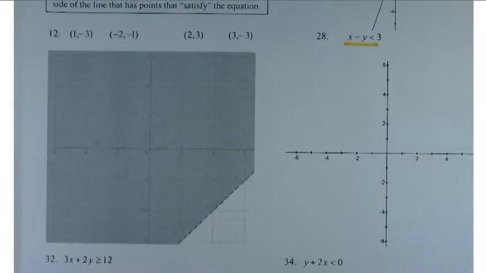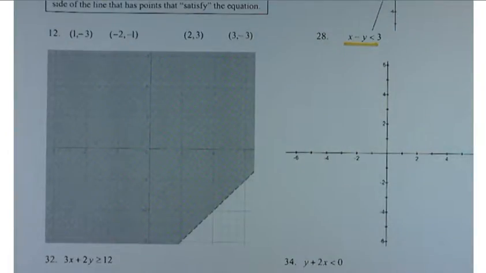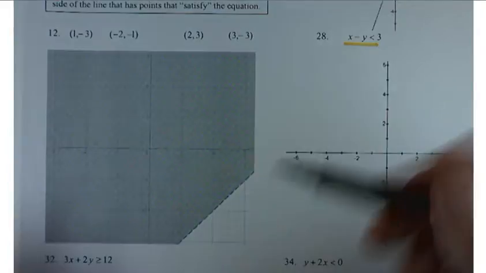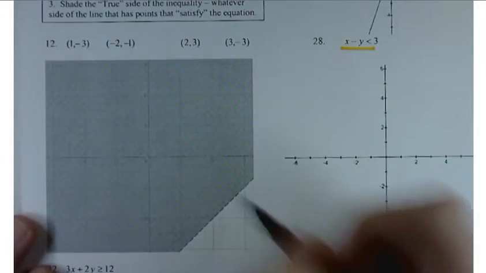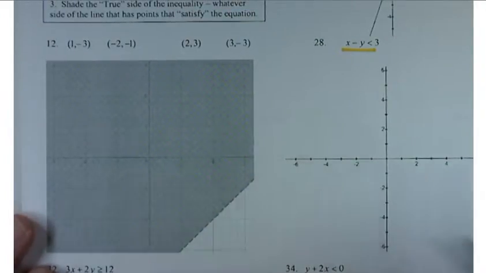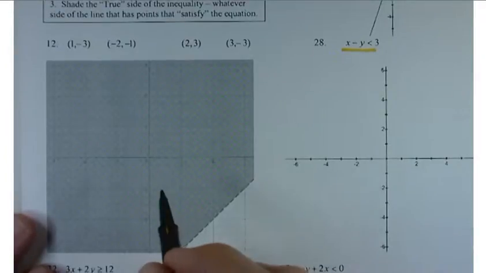To start with, to practice a little bit, let's look at problem number 12. I've got a region shaded on our graph, and what I want us to do is plot these points and decide if they fall in the shaded region or not. That is, do they make this corresponding inequality true or false? So we'll start with 1, negative 3.